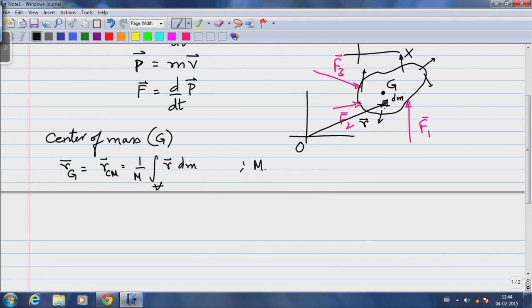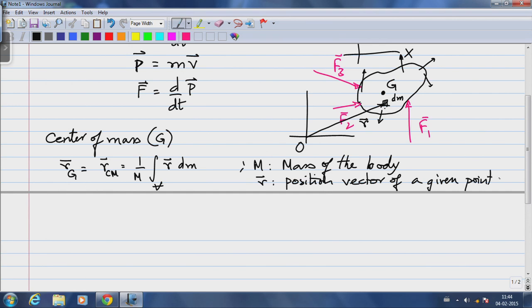So, here m is the mass of the body, r is the position vector of a given point in the body, and dm is the elemental mass at that point.